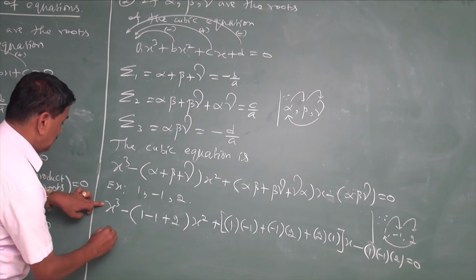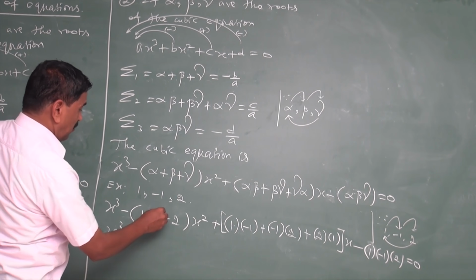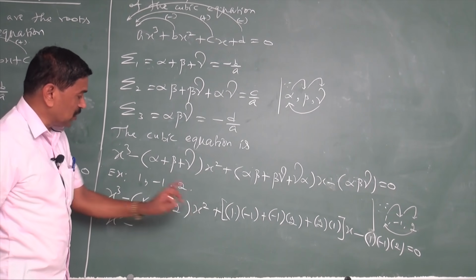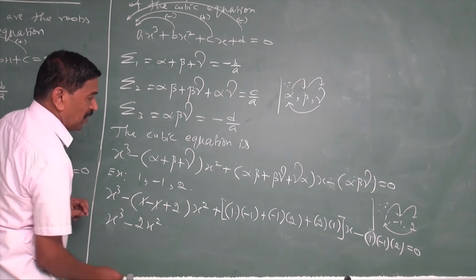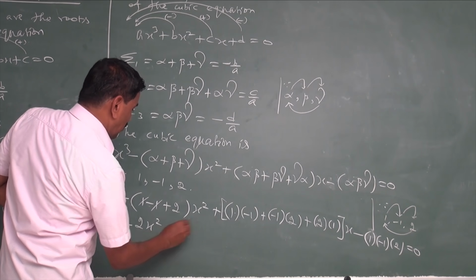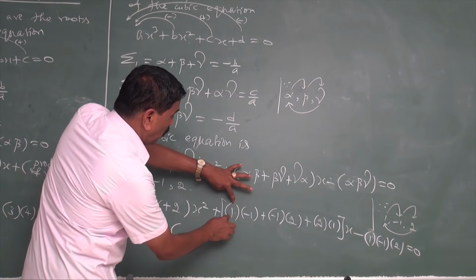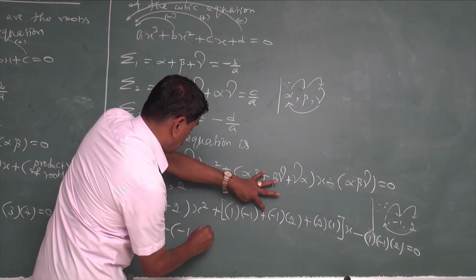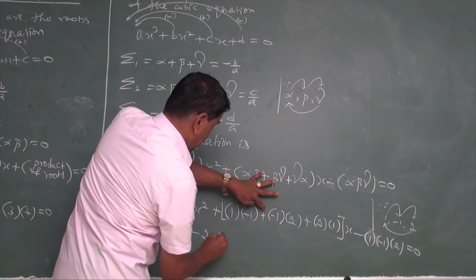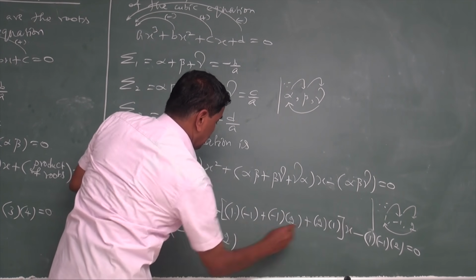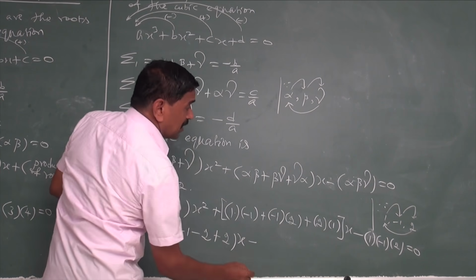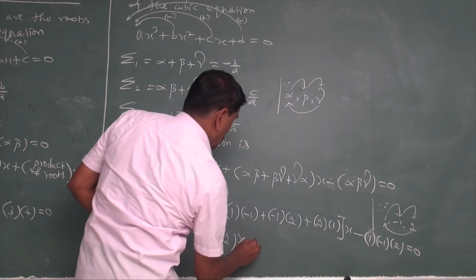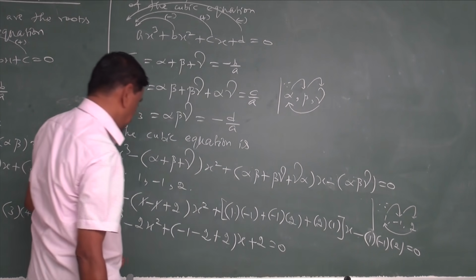Now by simplification: x cube minus, where minus 1 plus 1 cancel, remaining 2, so minus 2x square. Here plus, bracket open, 1 into minus 1, minus 1 into 2 is minus 2, 2 into 1 is 2, into x. Minus into minus gives plus, 1 into 2 is 2, so plus 2, which is equal to 0.